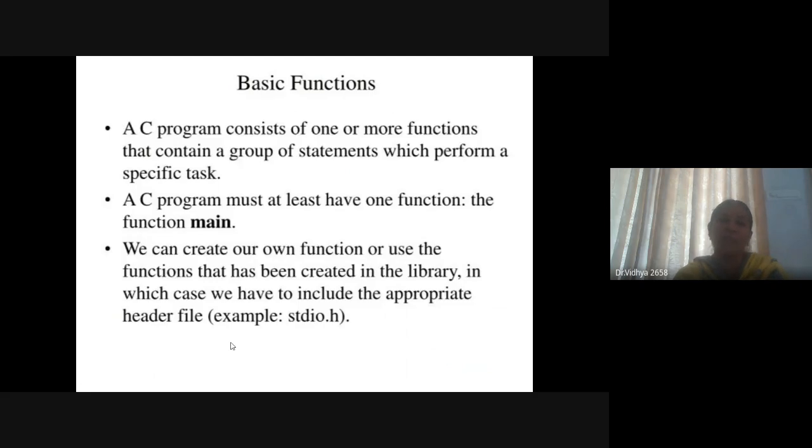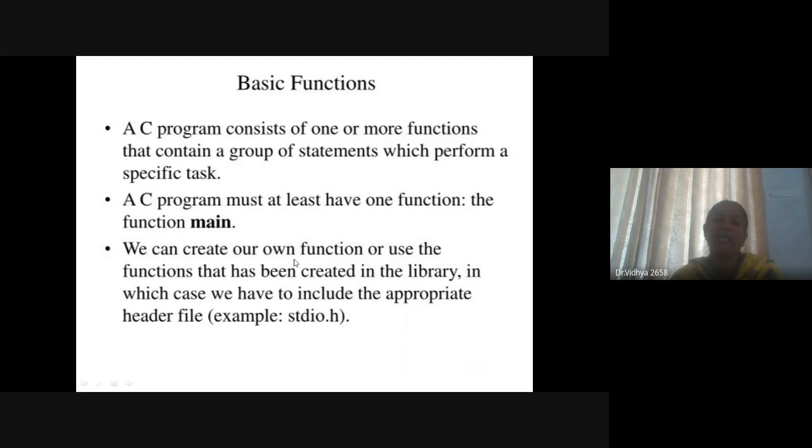Then functions. Let us get into the basic idea of a function. A C program consists of one or more functions which contain a group of statements performing a specific task. A C program must have at least one important function, that is the main function.